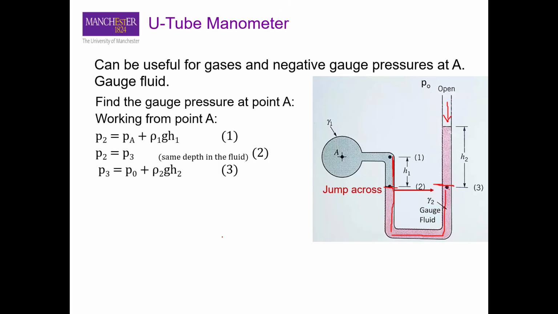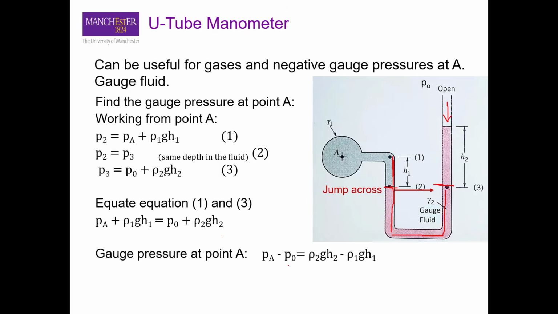And we can equate equation 1 and equation 3, just equating the two pressure terms here. We can write the expression for PA minus P naught, that is the gauge pressure inside your system here, and that is equal to ρ2 g h2 minus ρ1 g h1. Okay, so that is the pressure difference that you will get for the system.